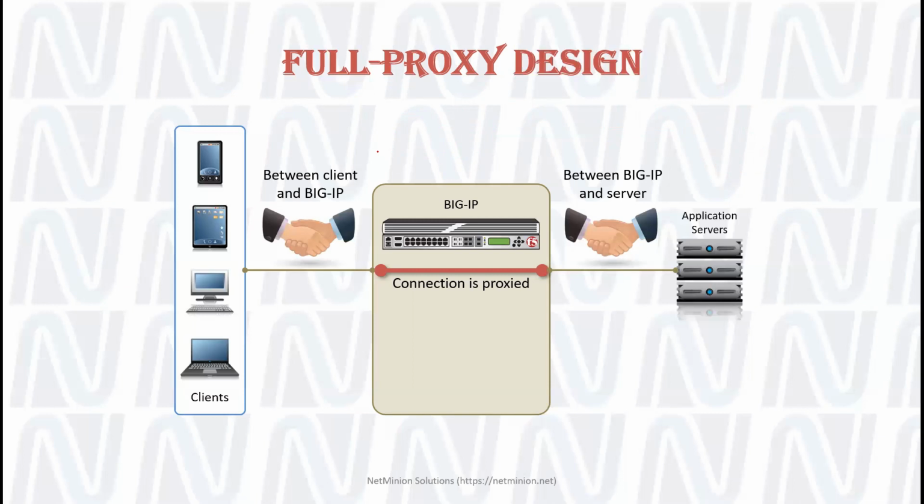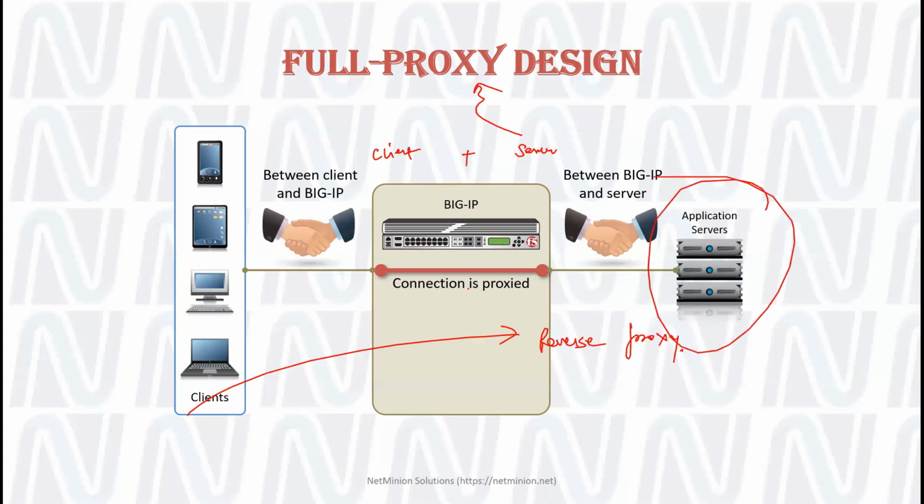Now this BIG-IP can act as client-based or server-based, both. That is the reason it is named a full proxy. But majorly, it is server side, because you are making your application server secure.